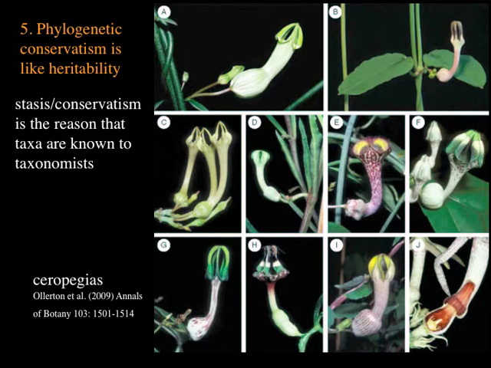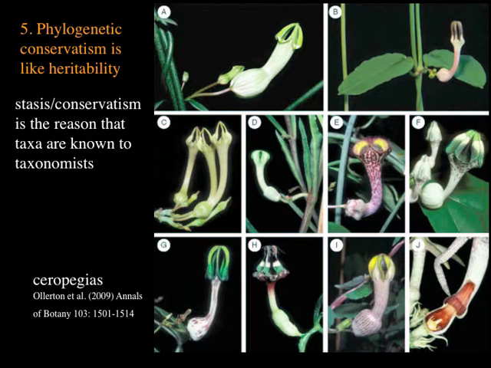So these flask-shaped things arose once upon a time, and then Ceropegias turned into 100 and something species, a whole bunch of different species. Lots and lots of species. And the species differ from one another, but they don't really differ in having this flask. They differ in how narrow the flask's tube is, and the colors, and the shapes, and what kind of smelly thing they make, and stuff like that.